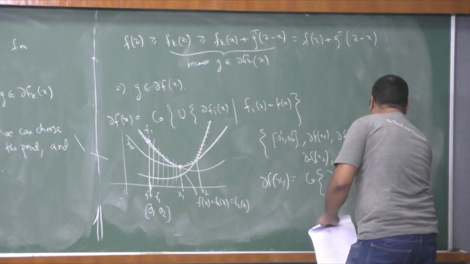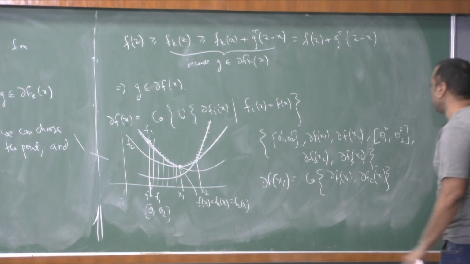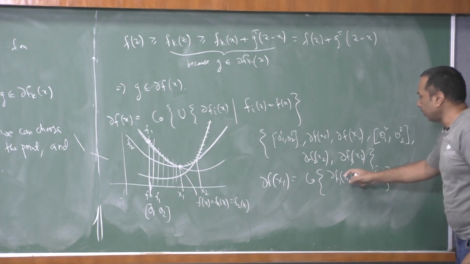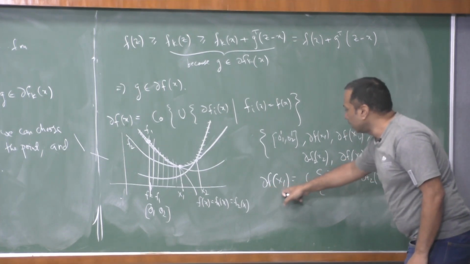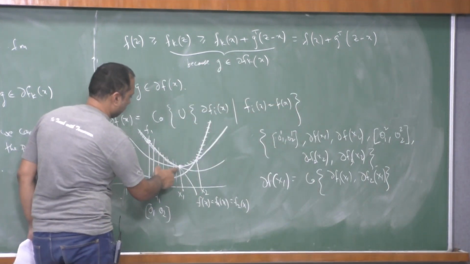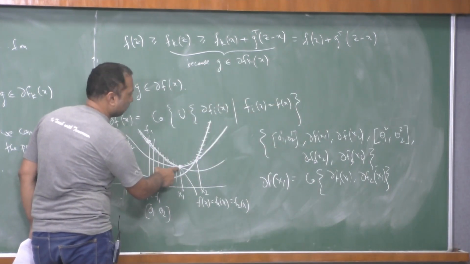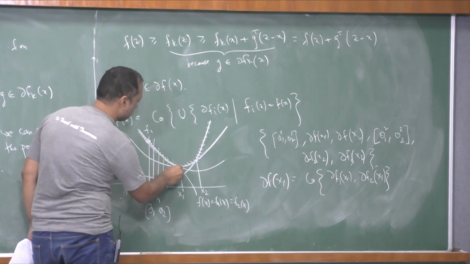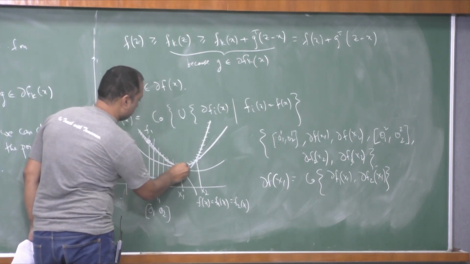This is the convex hull I have to take to report the subdifferential of f at x1. Okay, and this essentially means that you basically take all this.